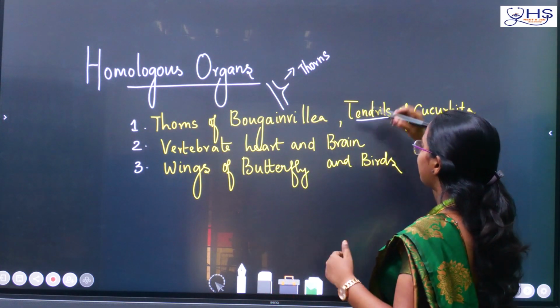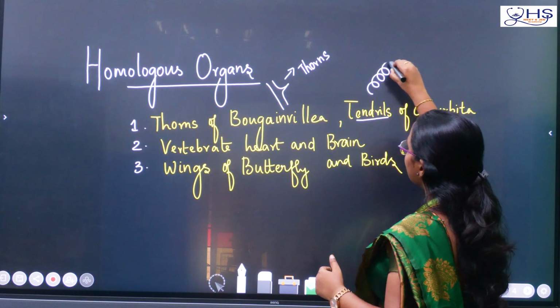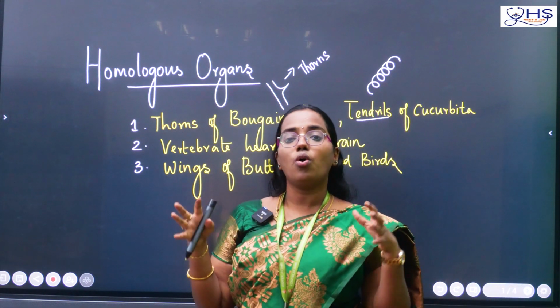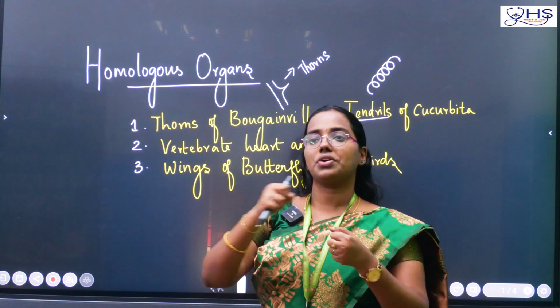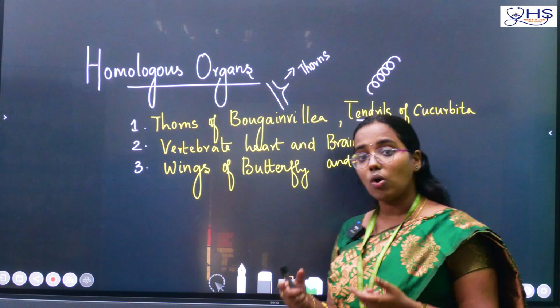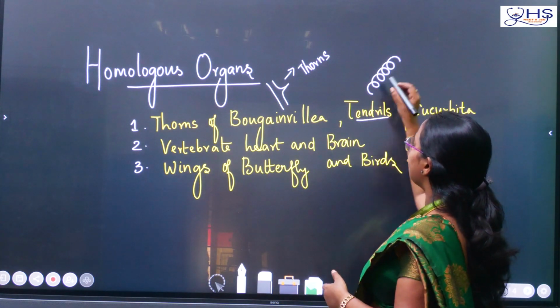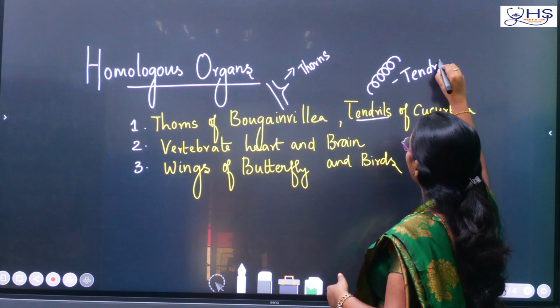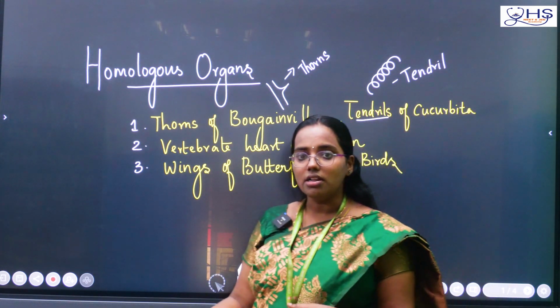Now next you see the tendrils. Tendrils are nothing but some structures developed by the plant to hold itself very strongly and to climb over the distance. This is called tendrils. Now tendril also a modification of stem. What is the function of tendril? Support.